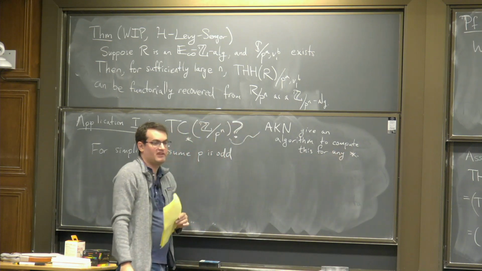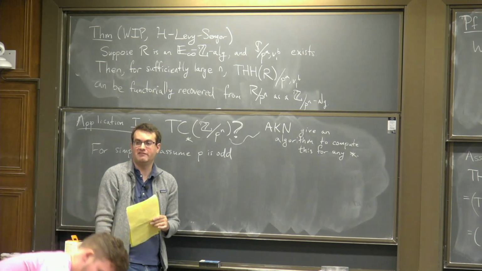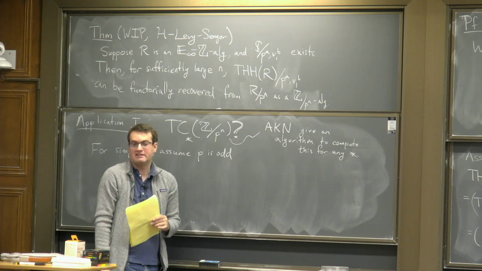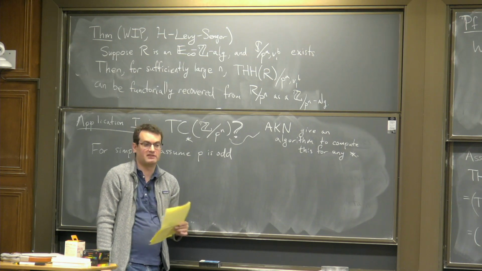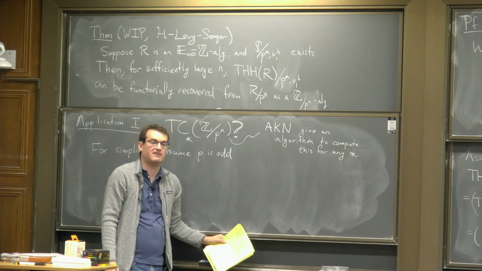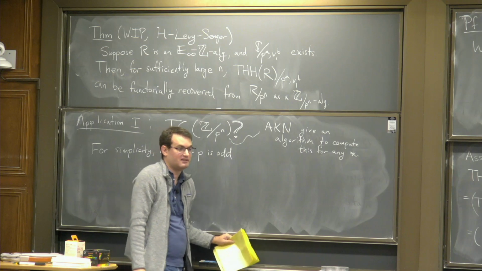And the situation is a bit like the homotopy groups of spheres. Like if you look at Z mod 4, maybe they can compute the first 100 before a supercomputer starts having trouble. If you look at Z mod p to the 7th or something, they compute maybe the first 10 or 20 before the supercomputer runs into trouble. But they do have an algorithm to do it. And by runs into trouble, I just mean runs out of memory or something like this.